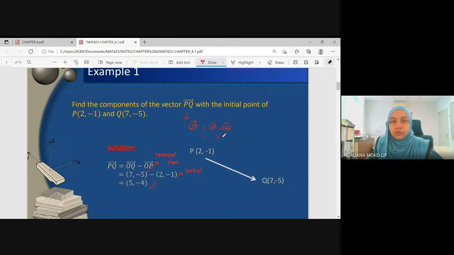So (2, -1) minus (7, -5). So (-5, 4). Kena tengoklah dia punya ni.